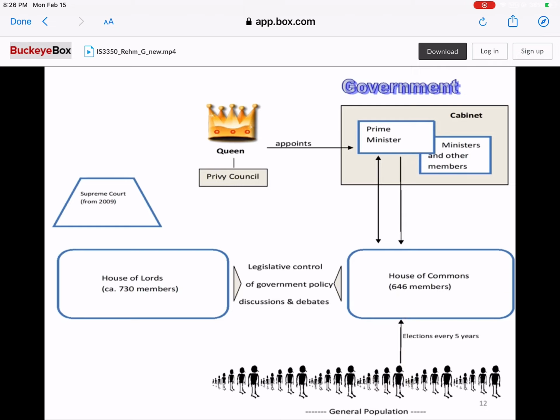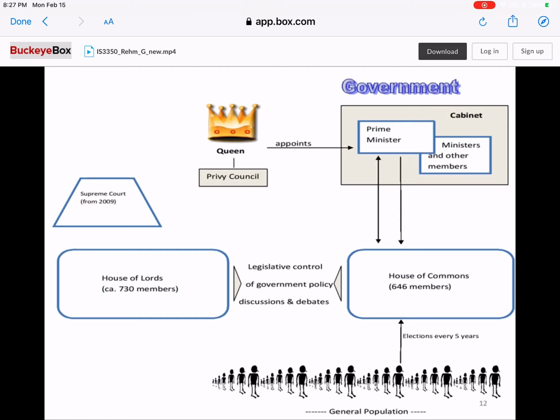The first order of business in the House of Commons after the election is they get together and they select or elect a prime minister. Often this is fairly easy because the House of Commons typically has a distribution of seats in which one party has a majority and the prime minister is elected with majority vote. So typically the party that has a majority elects a prime minister and we're done.